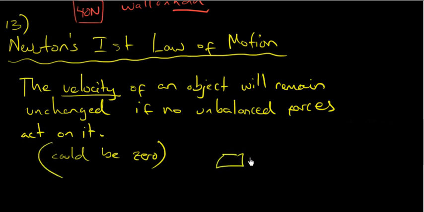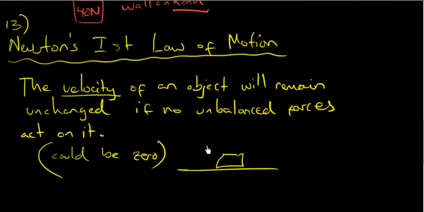If something is stationary, just sitting there, then its velocity is not going to change unless somebody comes and puts a force on it, or unless you make a hole here and then gravity can act. If you make a big hole there, or something like that. So there needs to be a force on that for its velocity to change.